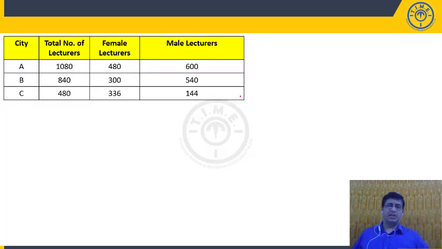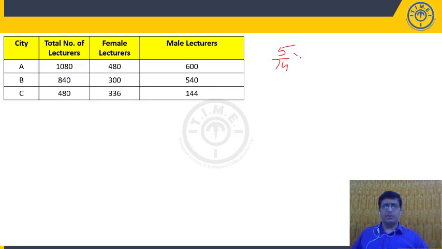Now the values are given here. So 1080, 840 and 480 are the total numbers of lecturers in the cities A, B, C respectively. Male and female: female is equal to 480 and male is equal to 600. Similarly, 300 female, and here it is 5 by 14, which is 35, 5 by 7%.